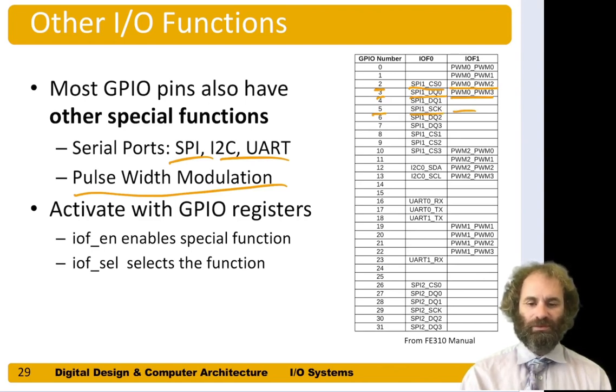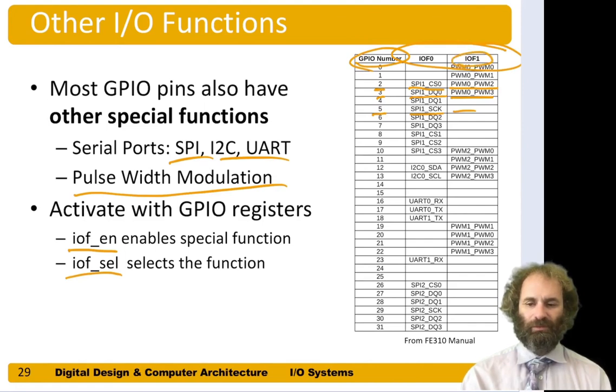So if we want to use a pin as a special function, we use the IO function enable, set that to 1 to use special functions instead of GPIO. And then we use the IO function select to pick which function we want.